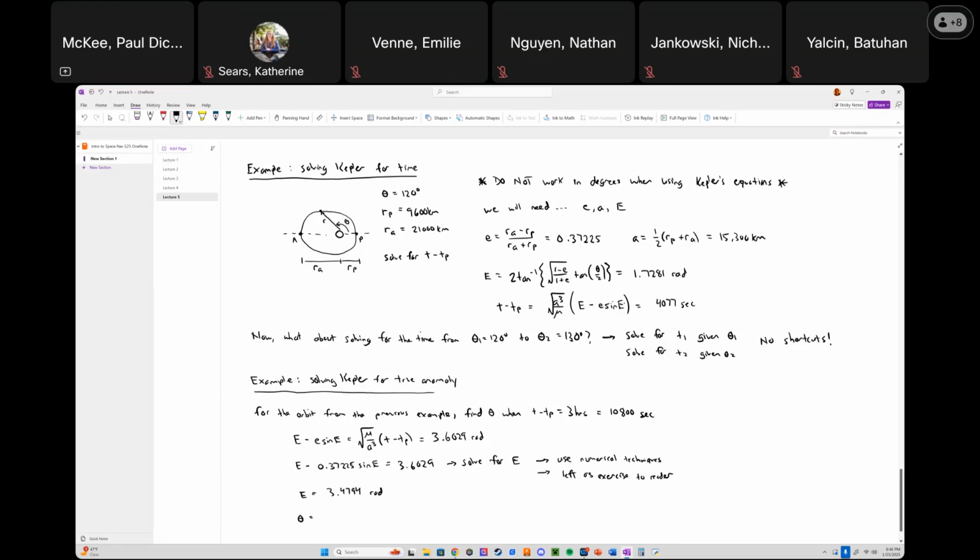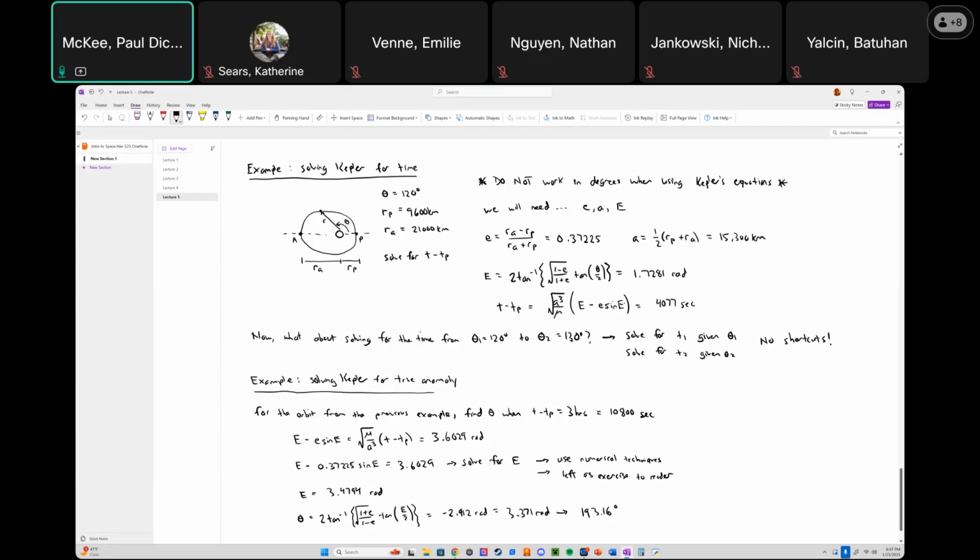And then it's easy. We could just say theta is 2 tangent inverse of the square root of (1 plus e over 1 minus e) times tangent of E over 2. And we can solve this, and we get negative 2.912 radians, which is the same as 3.371 radians, adding 2 pi, which works out to be about 193.16 degrees.